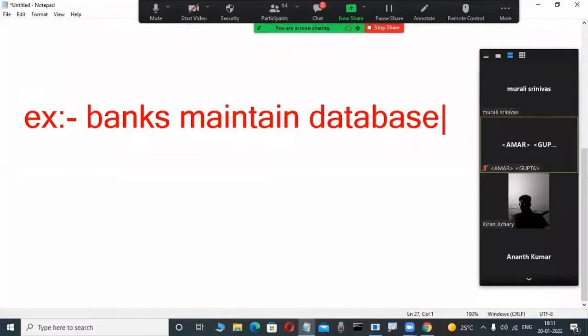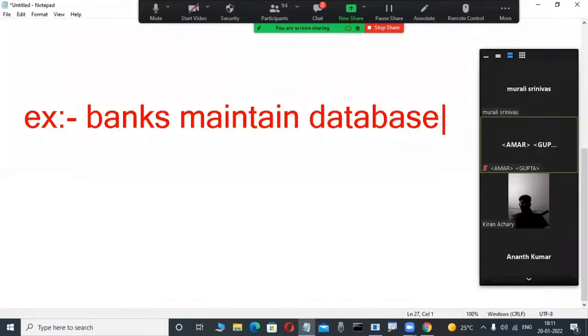They maintain a database for storing something. Suppose account holders deposit some amount. You are also depositing some amount. Your details, your name, address, phone number, your balance, your account number, are important to store permanently. Customers also withdraw some amount, and they want those details too. Again, some people transfer money from one account to another, online or offline or anywhere. Those transaction details they want to store permanently.